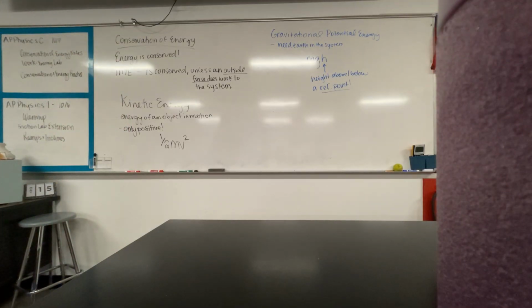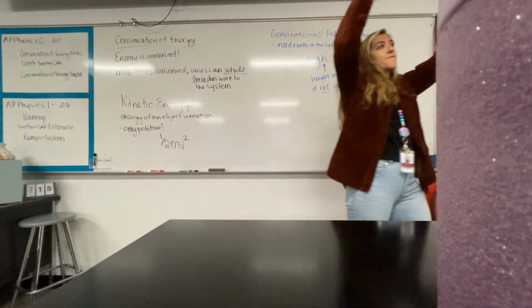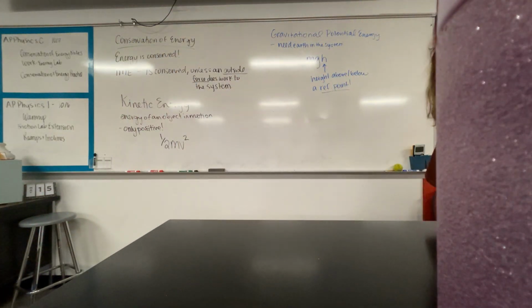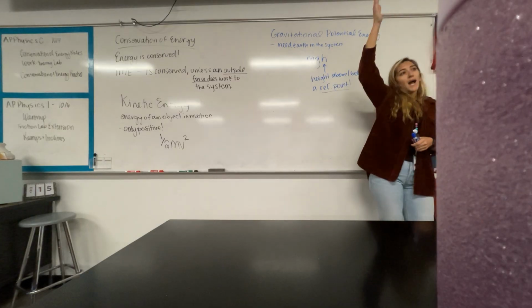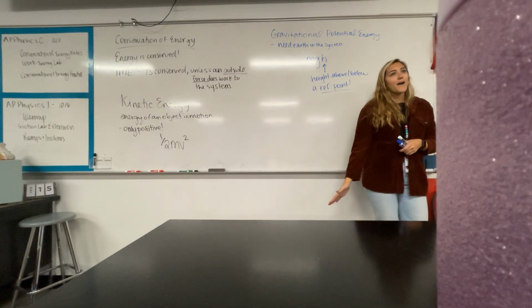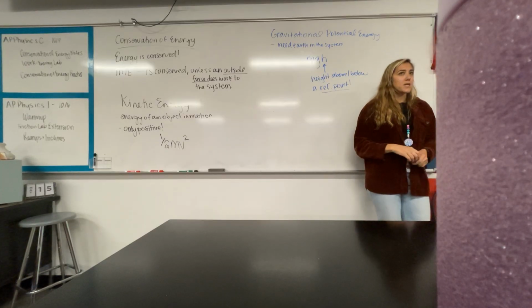So could gravitational potential energy be negative? Absolutely it could. Last year I lived up on the second floor. By lived, I mean taught. I taught up on the second floor, and I said that second floor was ground zero. That is what I call my y is equal to 0. So in that case, all of our gravitational potential energies right now would be negative, right? If I call the second floor a height of 0, we are all at a negative height of -3 meters. And so all of us have negative gravitational potential energy.